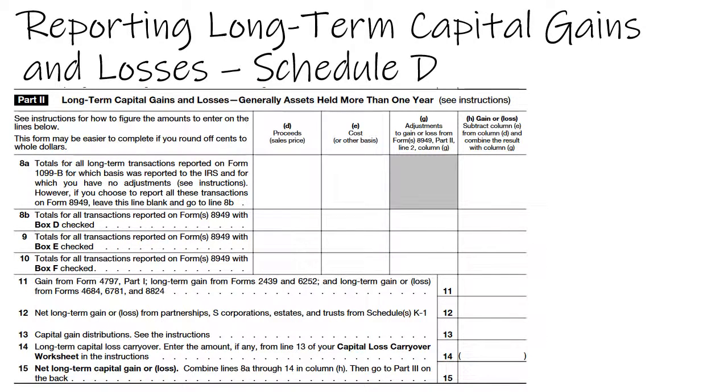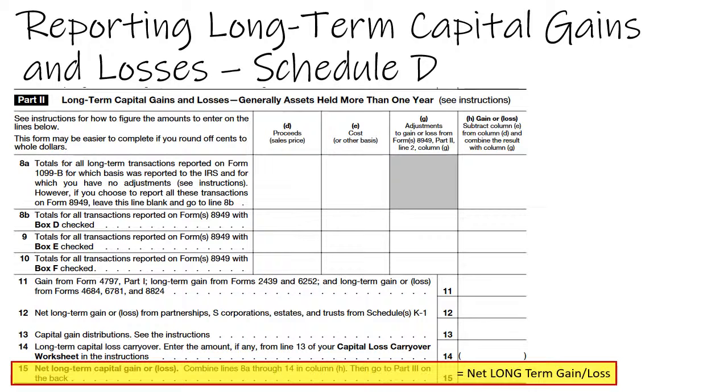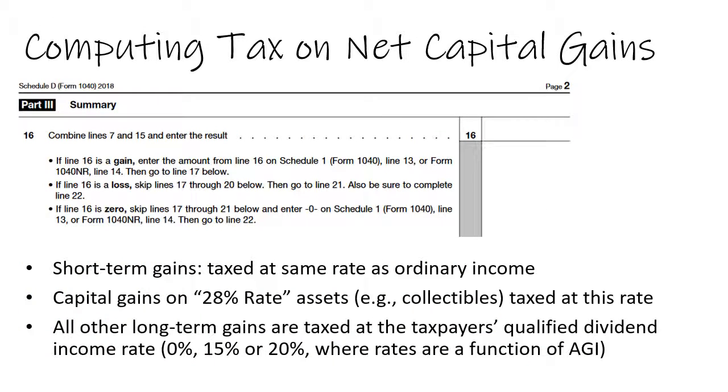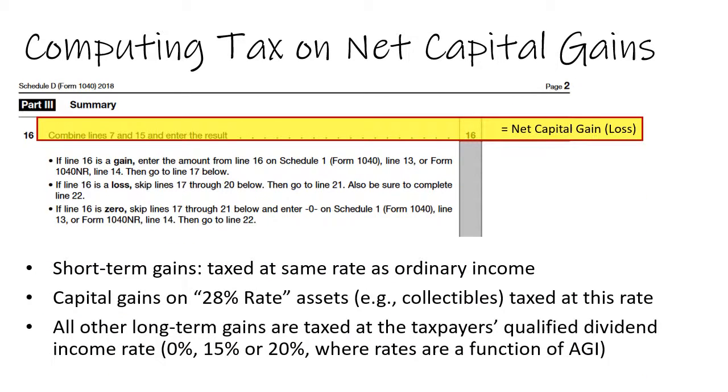Part 2 of Schedule D pertains to long-term capital gains and losses. And again, the net long-term capital gain or losses are reported in line 15, and they are offset by any long-term capital losses that have been brought forward from prior years.